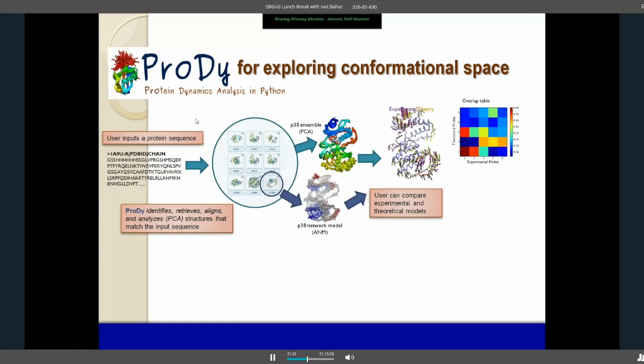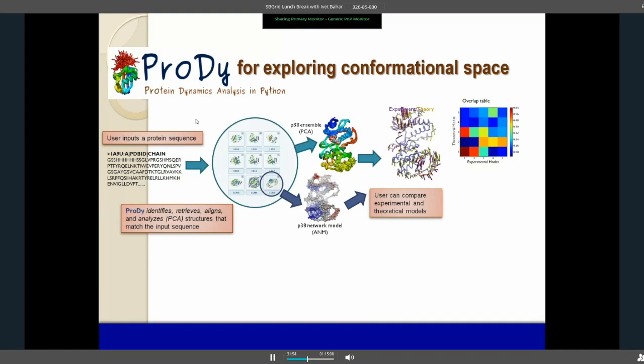So, for example, suppose you have a given protein sequence. You can input the protein sequence to ProDy, and it will then retrieve from the PDB all the structures that contain this sequence.